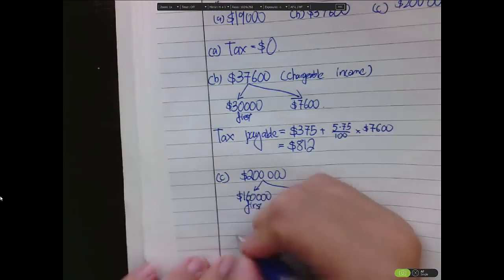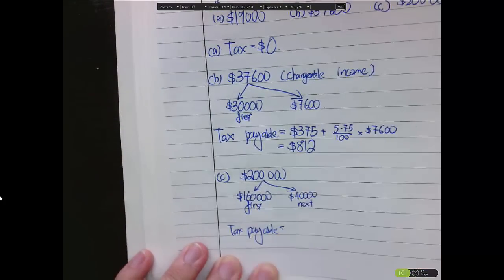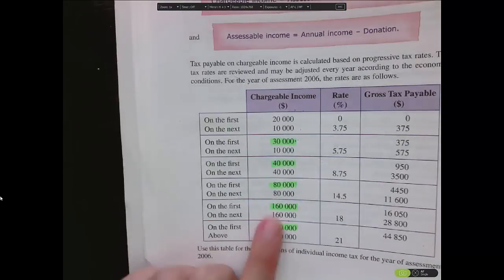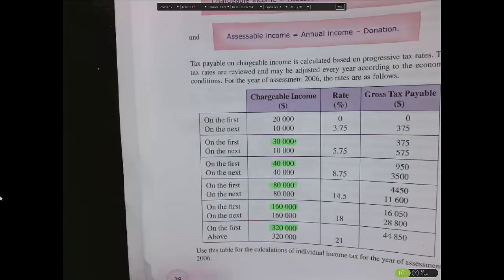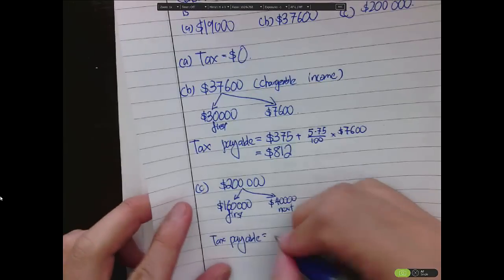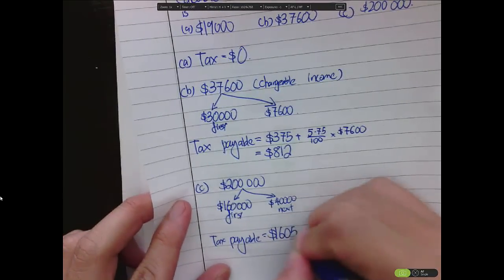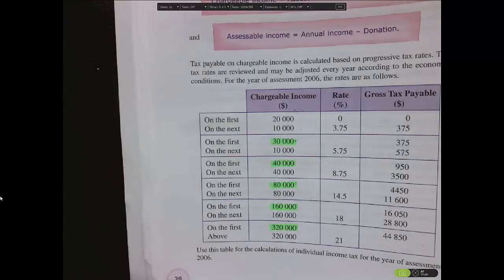So my tax payable works like this. I check my tax payable: for the first $160,000, I pay $16,050. Then I still have to pay tax on the $40,000. We check what percent I must pay of that 40,000.